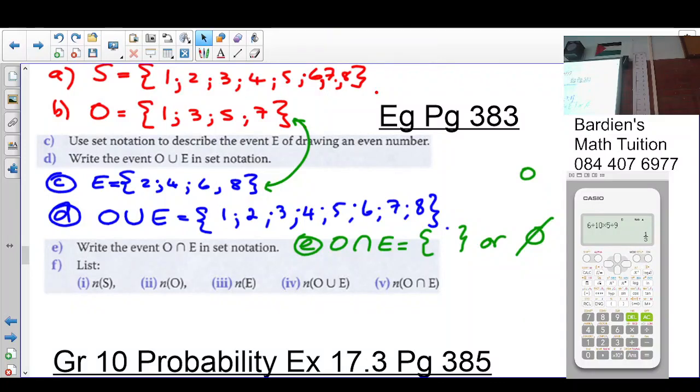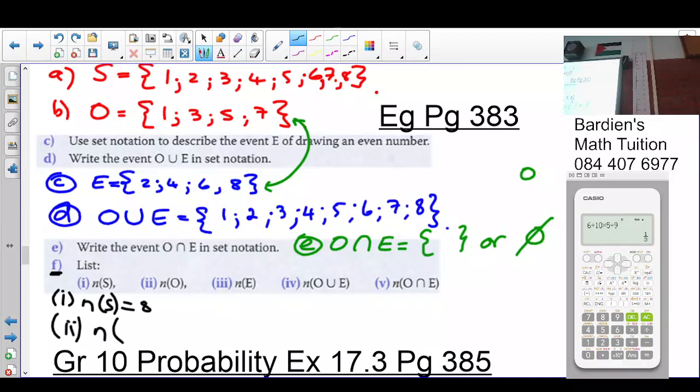So let's look at F. Number 1, they ask you to list the number in the sample space. How many are in the sample space? 8. Can you see that? Number 2, the number of elements in the odd set: 4.